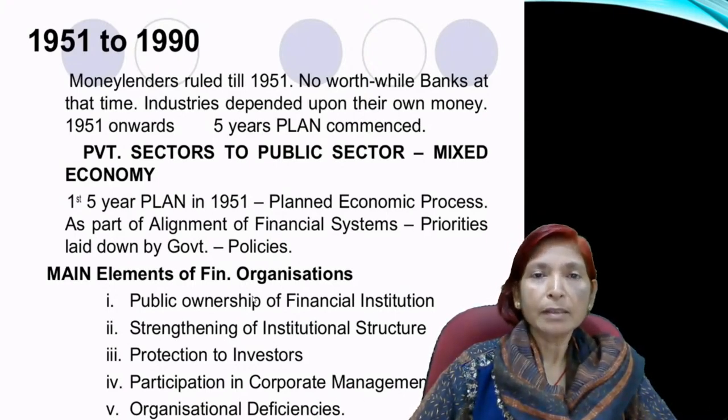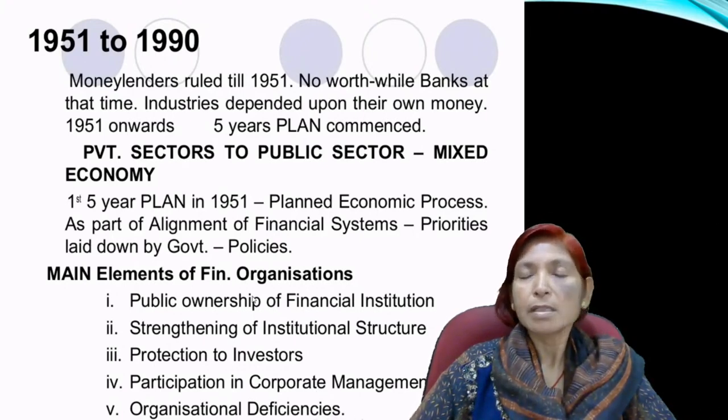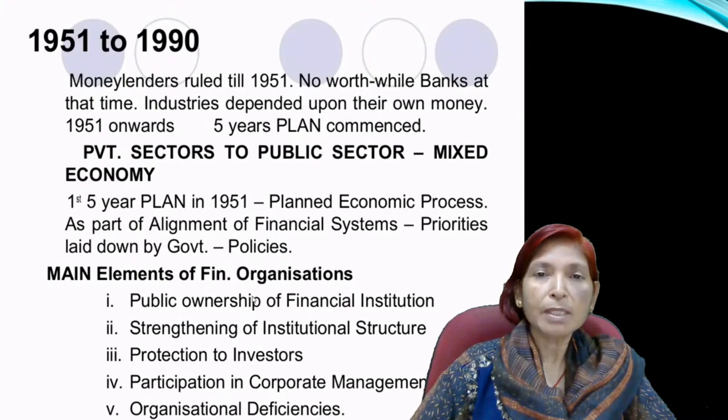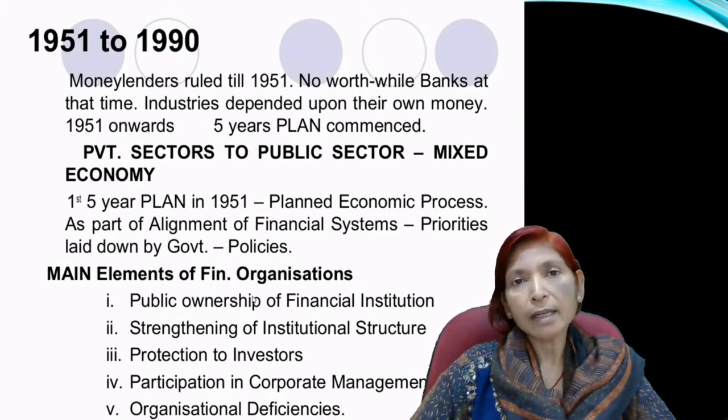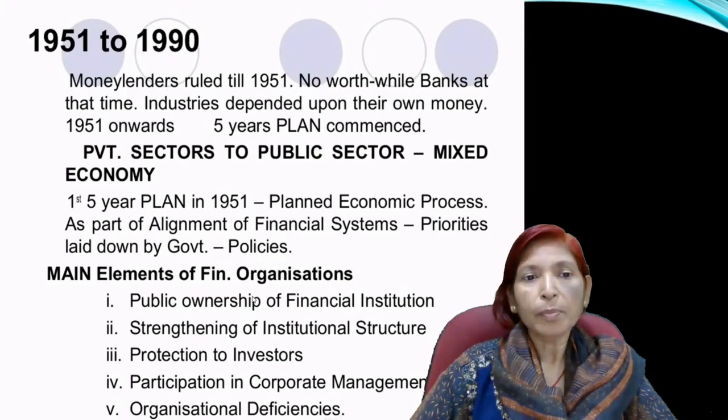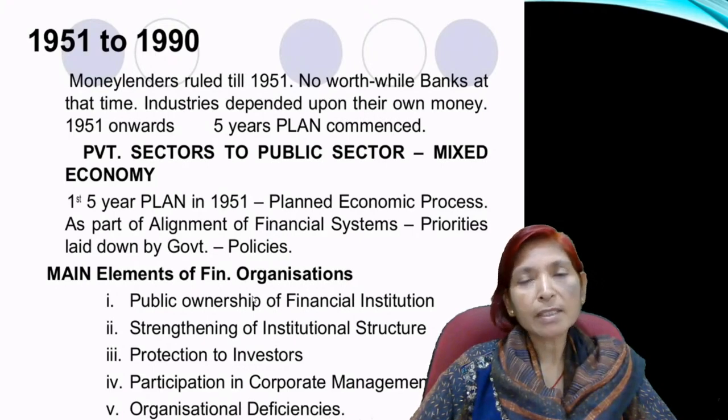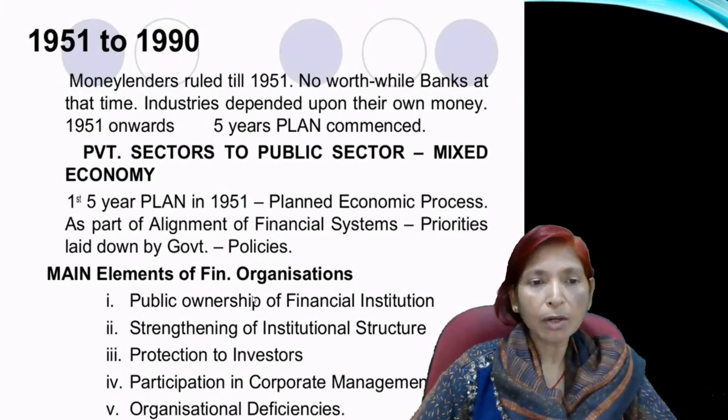And regarding the private sector, you know that the Indian economic system is a mixed economic system. A mixed economic system is that system in which the public sector and private sector both coexist. So private sectors and public sectors both work together in a mixed economy.